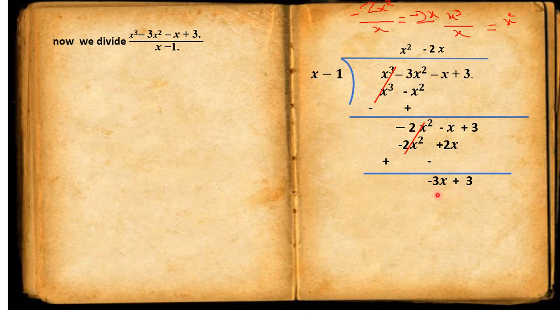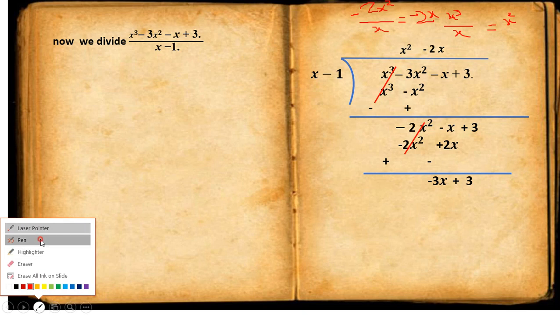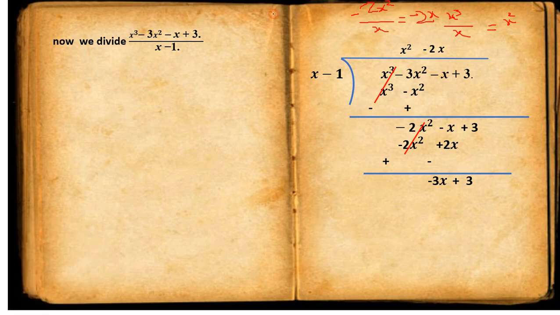Now here again minus 3x is here, and we divide minus 3x by x. So we write minus 3x divided by x, and we get the answer minus 3.